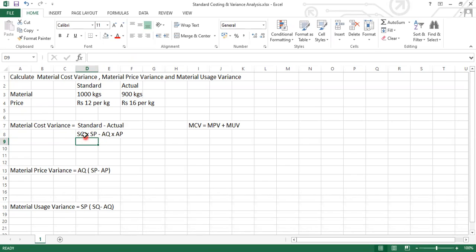Now, SQ denotes the standard quantity. How much is the standard quantity? 1000 kg. So write down 1000 first, into standard price. How much is it? 12 per kg. So we will multiply this by 12. Bracket close.